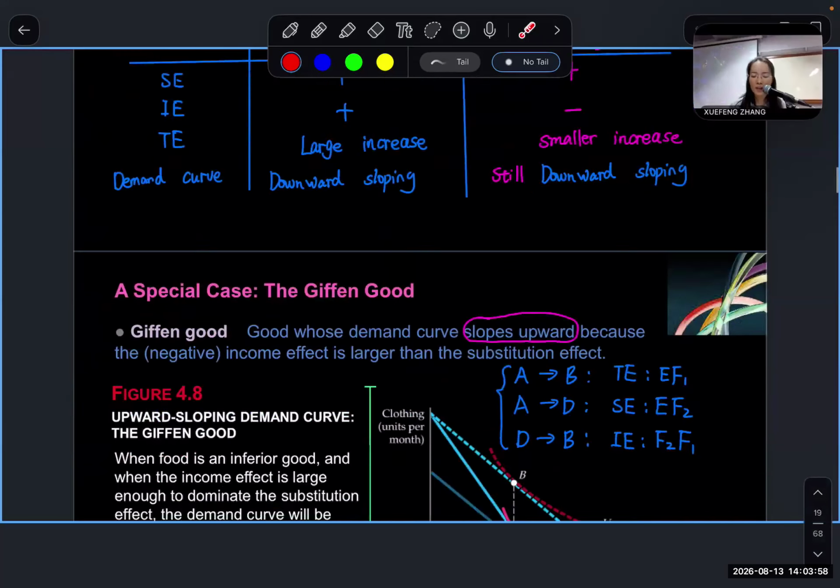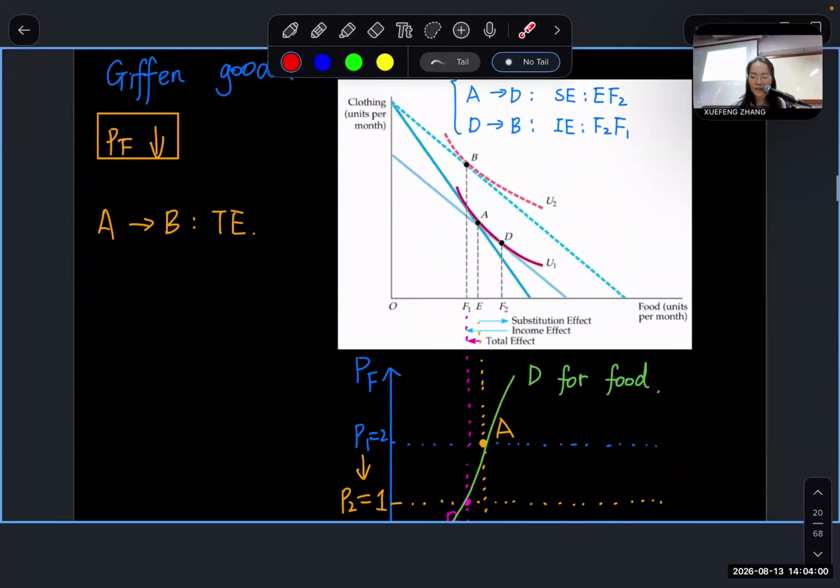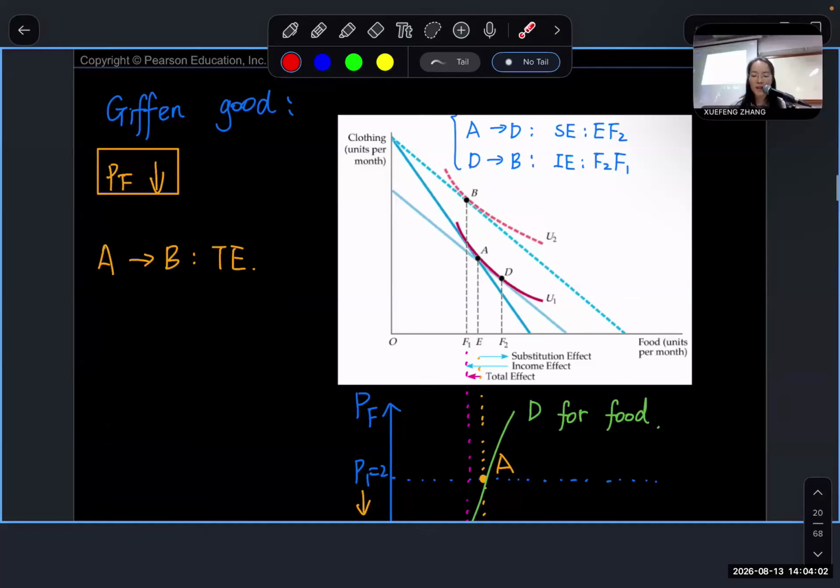How about Giffen good? Giffen good, the order is B, A, D. They are not the same, okay? Why? Because normal, inferior, or Giffen, the substitution effect and the income effect, they are different.